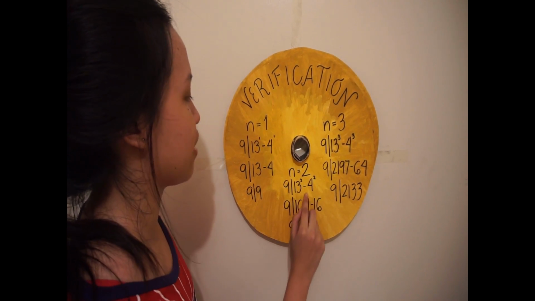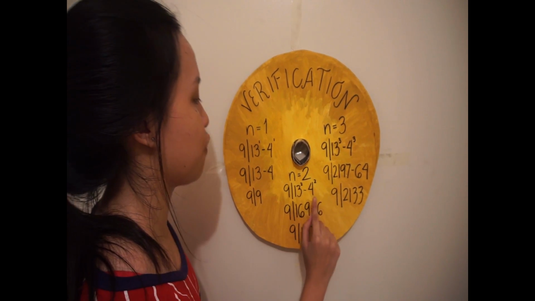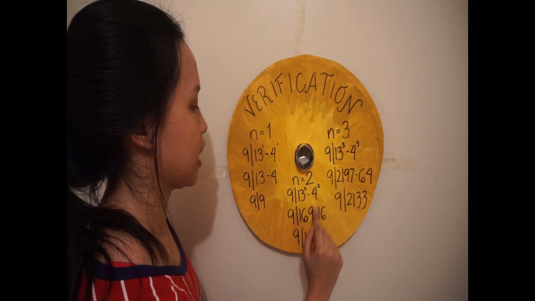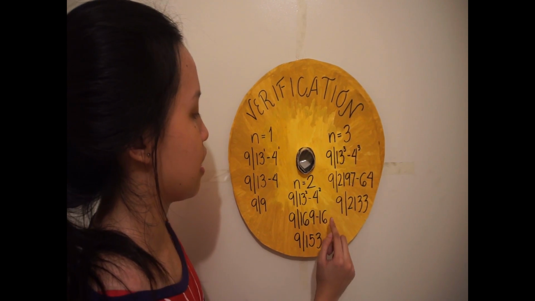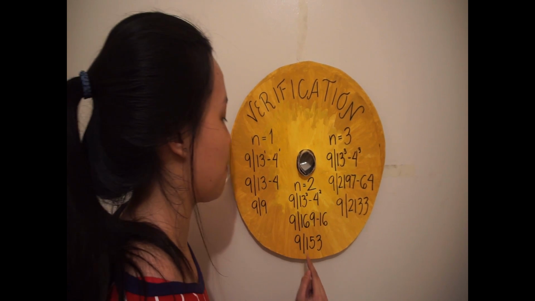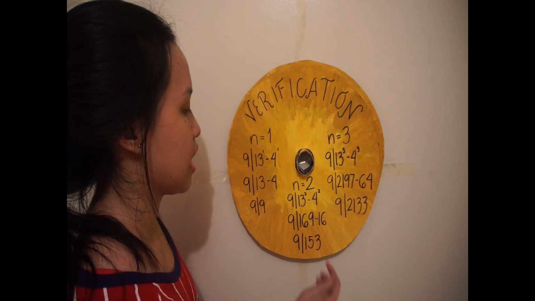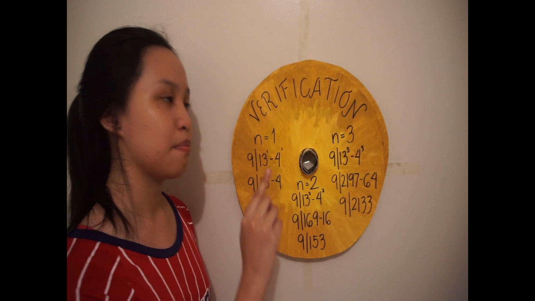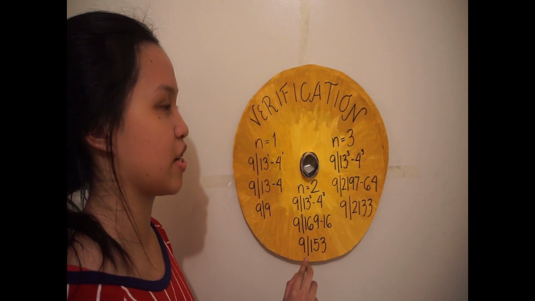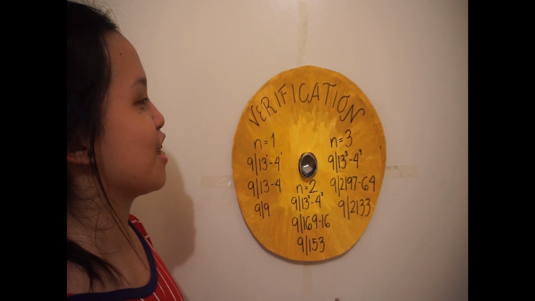Second, 13 raised to 2 minus 4 raised to 2 is 169 minus 16, which is 153. It is divisible by 9 because dividing it gives 17.